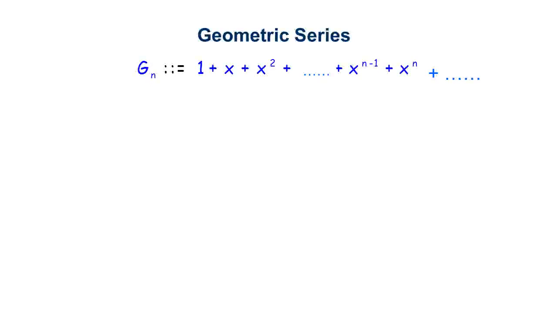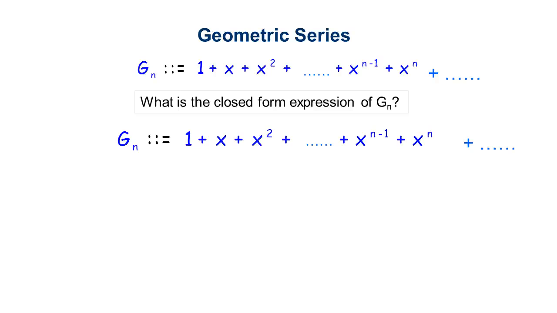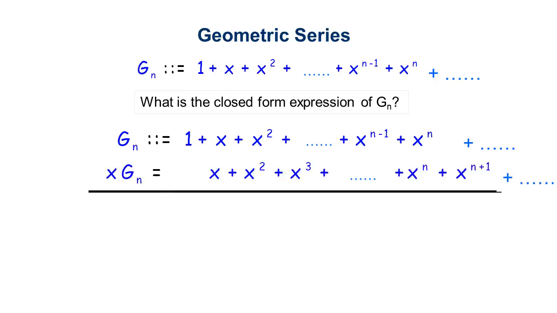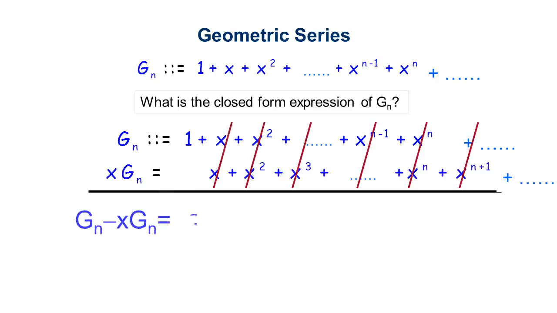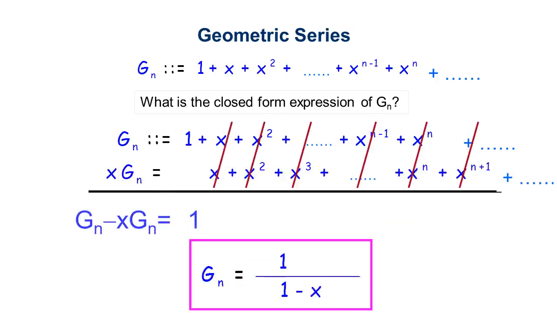Here is a geometric series whose coefficient is 1. What is the closed form of the expression? This is the closed form of the expression, that means the summation of the infinite terms of the geometric progression.